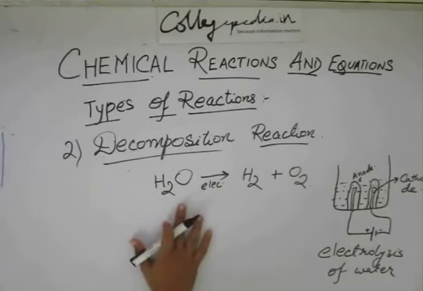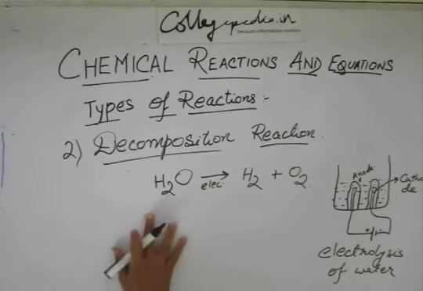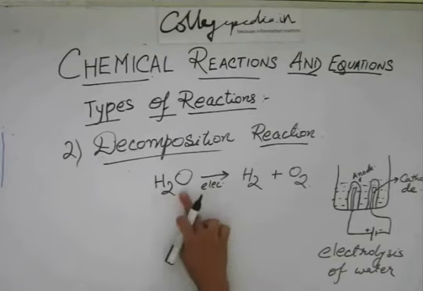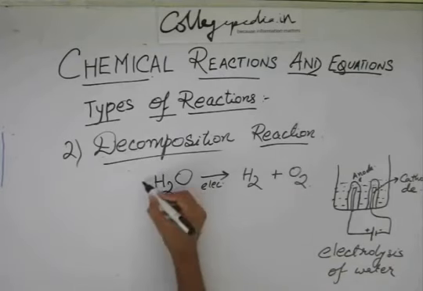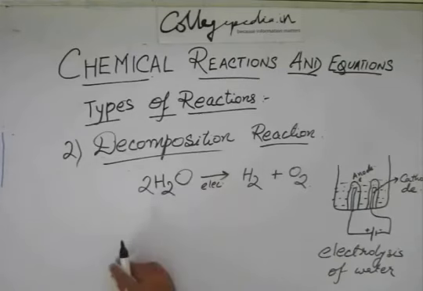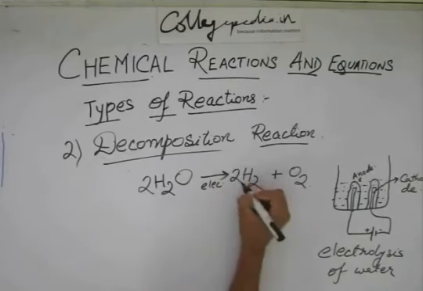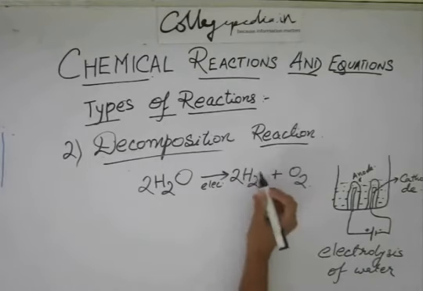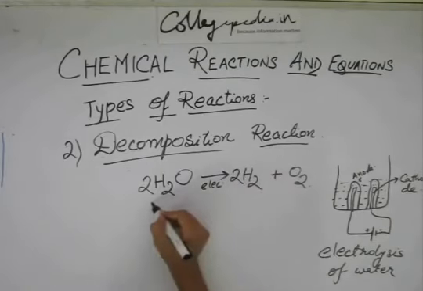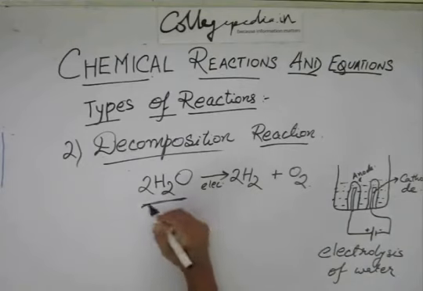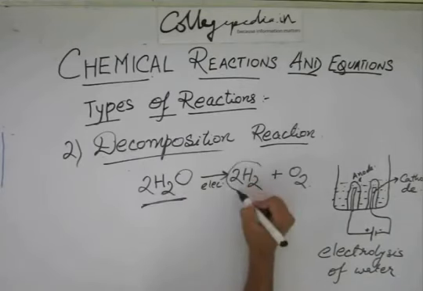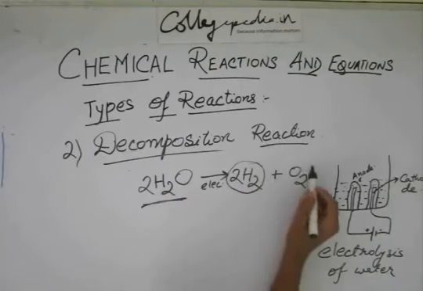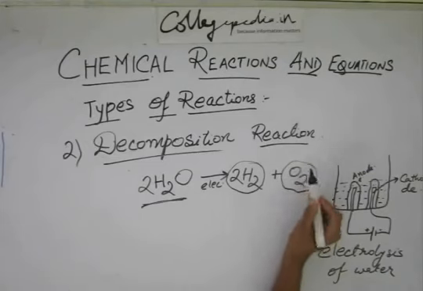And if you balance this equation, you'll see hydrogen is the same on both sides, oxygen is 1 over here, 2 over here. So multiply this with 2 and then it has become 4 hydrogen, so multiply this with 2. So now it's balanced. So we will see that 2 molecules of water will release 2 molecules of hydrogen and only 1 molecule of oxygen.